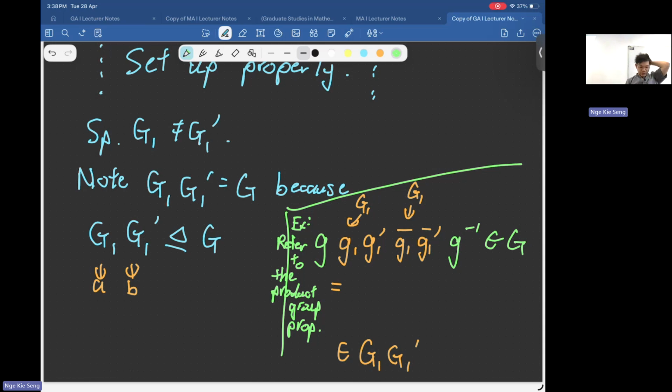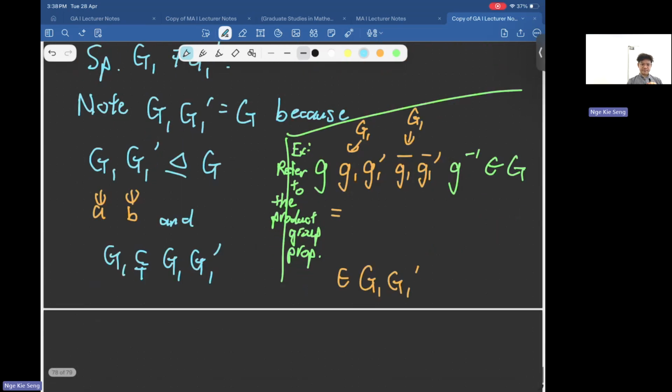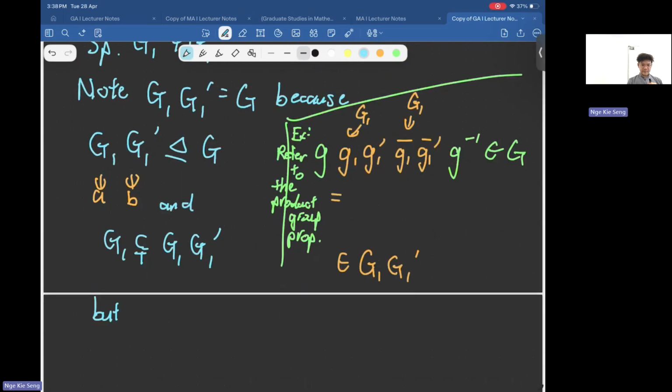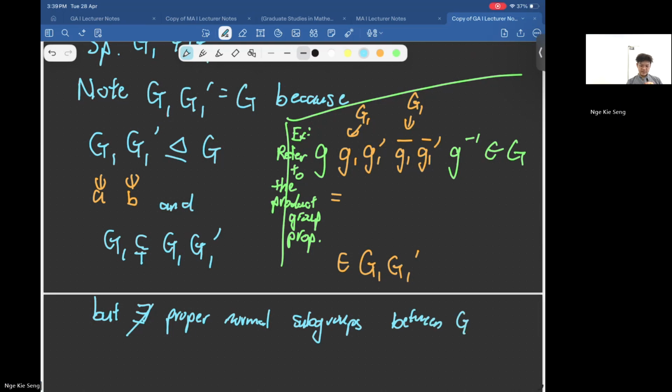Right. Okay. So we know that this is a normal subgroup, and at the same time, G1 definitely is a subgroup of G1 times G1 prime. But there are no proper normal subgroup in between G1 and G, okay?